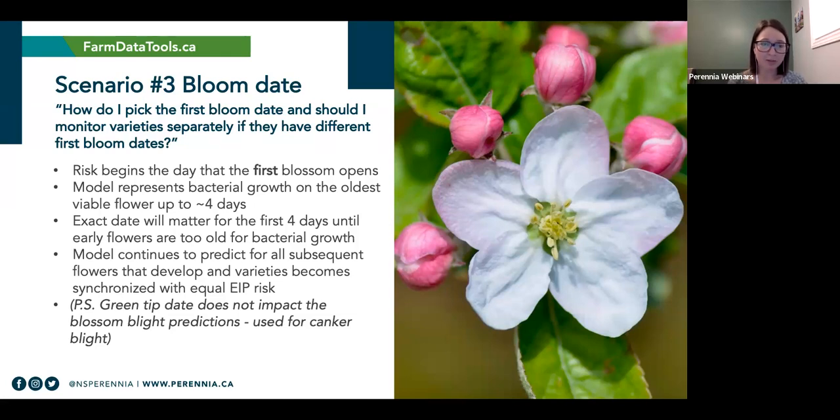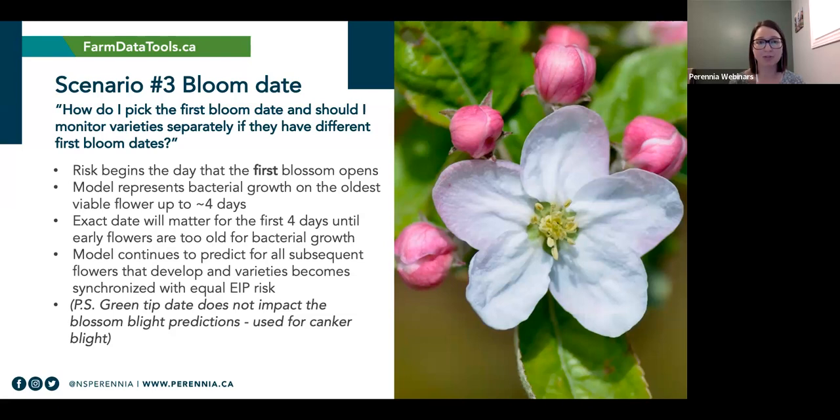But as time goes on, like I said, those varieties will become synchronized. So you do want to get protection on all varieties that have open flowers at the time of an infection. And of course, if there are no flowers open, then there's no risk of infection. And I also wanted to mention here that in the model, you do have to enter a green tip date, but it doesn't actually matter for your blossom blight predictions.